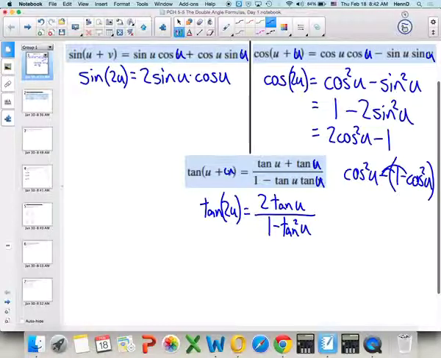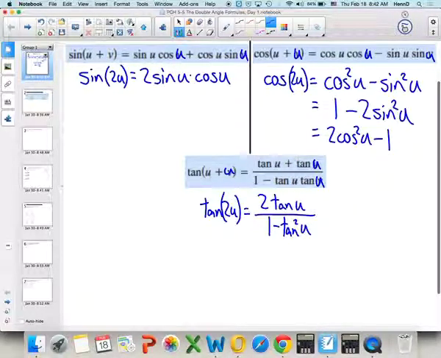So we actually just derived all of our double angle formulas. And this is all of section 5, the double angle formulas. If we have two angles that are the same, in other words a double angle, 2 times u, if we're taking the sine, it's 2 times the sine times the cosine.